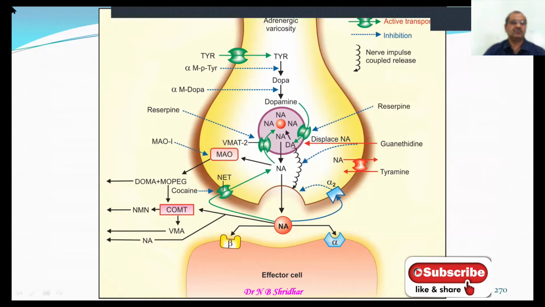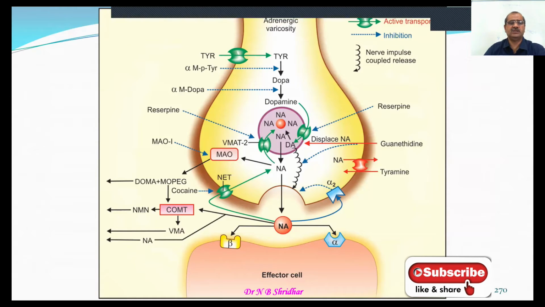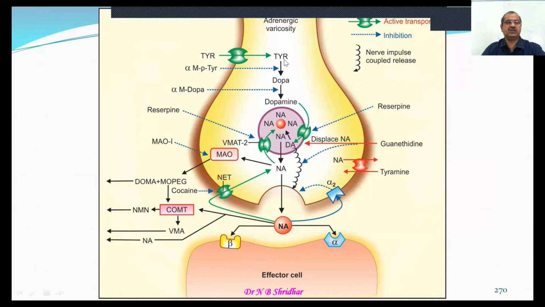This is the pharmacology of this particular neurohumoral transmission. Tyrosine is taken up into the synaptic terminal, then converted to dopa, and dopa to dopamine, a step which is inhibited by alpha methyl dopa.